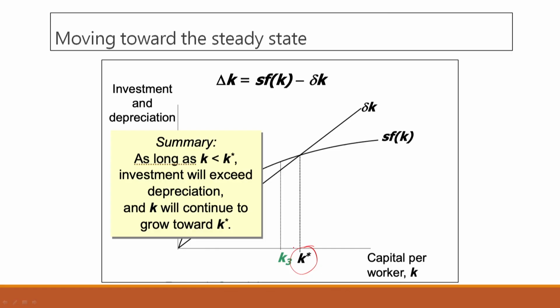By now we understand the process. Suppose an economy has moved from K1 to K2, K2 to K3, K3 to K4, and it has reached its steady state capital stock, K star.